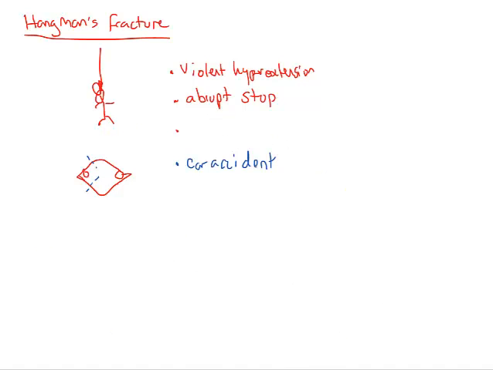Now, the hangman's fracture itself, usually you're going to, I believe, be preserving the spinal cord. So for this, you can preserve the actual spinal cord, but what's going to happen is that if you put continual pressure, you're going to damage it.